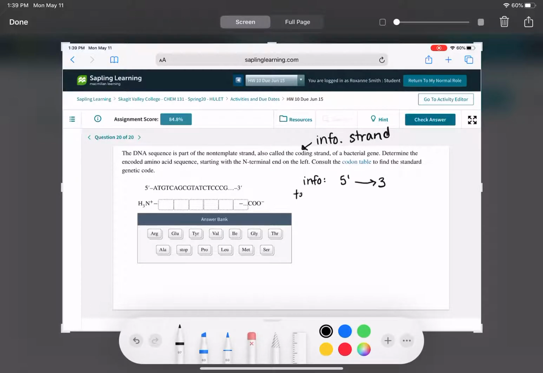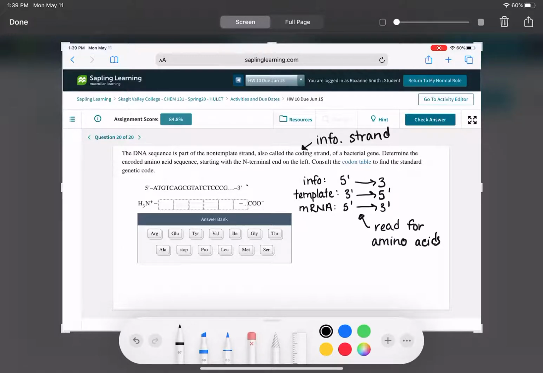From that, we have to figure out what the template is. The template is going to read 3' to 5'. And then from the template, we have to figure out the mRNA strand, which is going to read 5' to 3'. And that is what we are going to read for the amino acids.